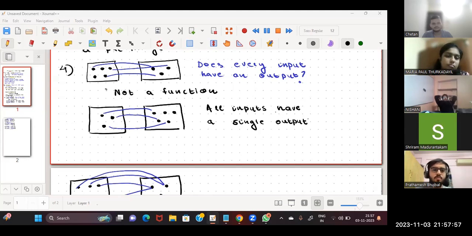As we discussed, a function is a black box kind of machine. You give it an input, you get an output. A single input giving two outputs is not a function.